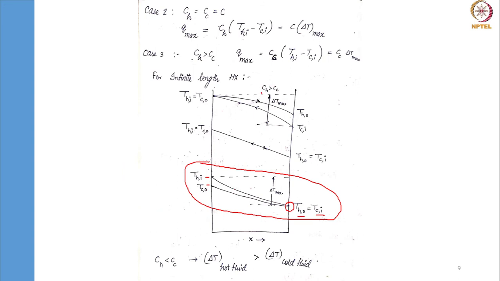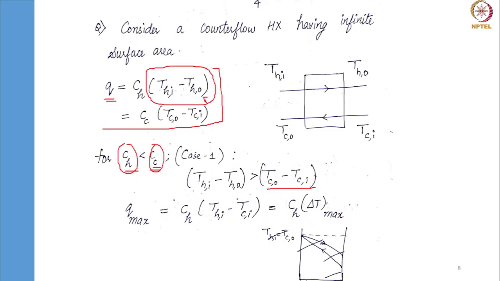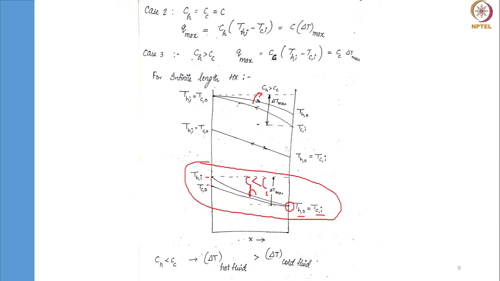Remember this: on this graph, the first one is for C_H greater than C_C, and this one corresponds to C_H less than C_C. So Q max is nothing but C hot into delta T across this, T_H,i minus T_C,o.